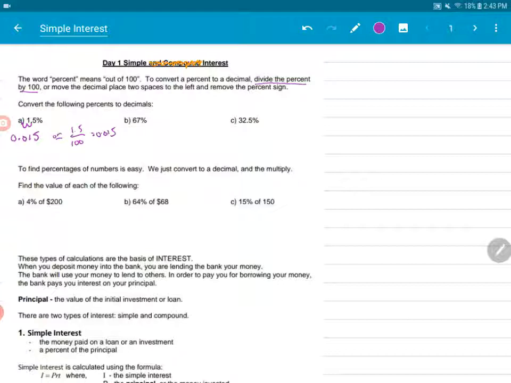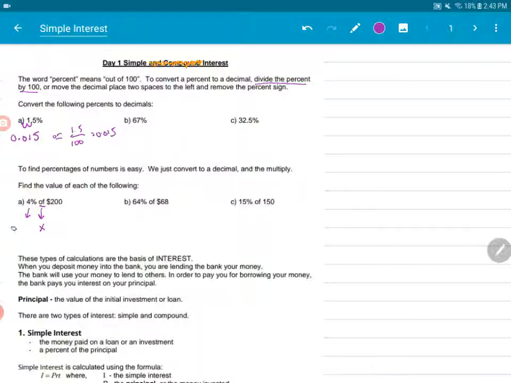So here, whenever we want to find 4% of an amount, or any kind of percent of something, that word of really just means multiplication. So I'm going to put that there right away. We know it's going to be multiplying. Multiplying what? Whenever we see that percent, we want to turn that into the decimal right away. We just did that above. You want to move it 2 spaces to the left, or go in your calculator and do 4 divided by 100.